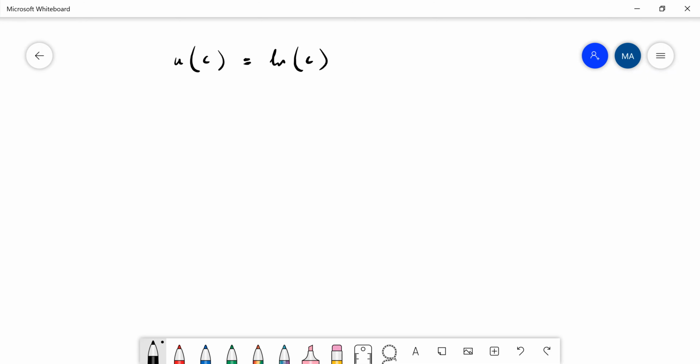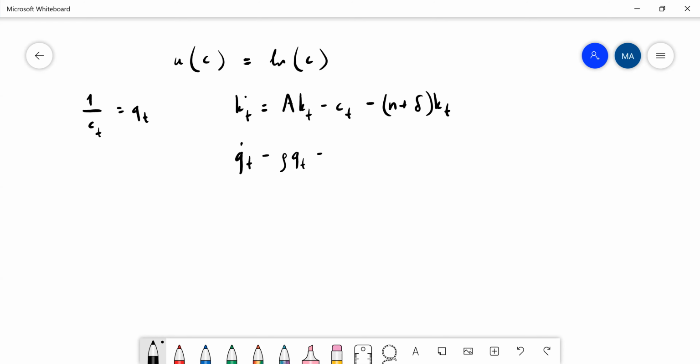So you have 1 over C T equals Q T. Then you have K dot T equals A K T minus C T minus N plus delta K T. And you also have Q dot T minus rho Q T equals minus Q T times A minus N plus delta.